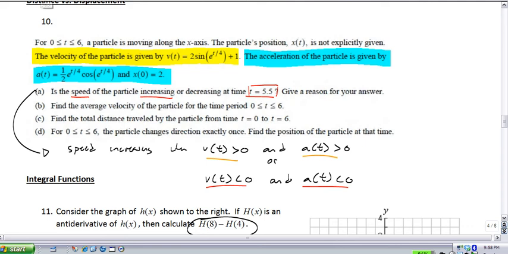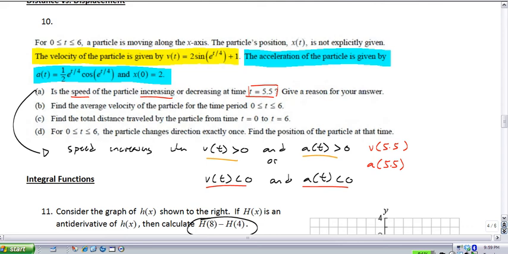Well, we just need to use these formulas and compute what v of 5.5 and a of 5.5 are. So at this point, I would grab my calculator. I see some trig there, so when I'm taking the AP test, I always need to be in radian mode. So I'm going to go to y equals on those equations.